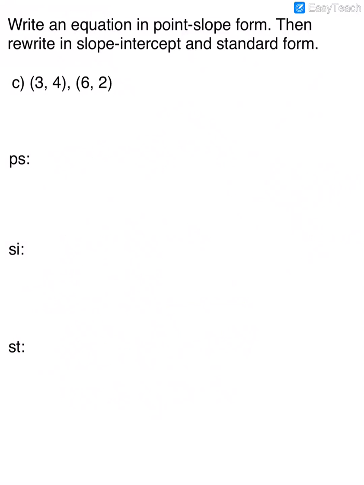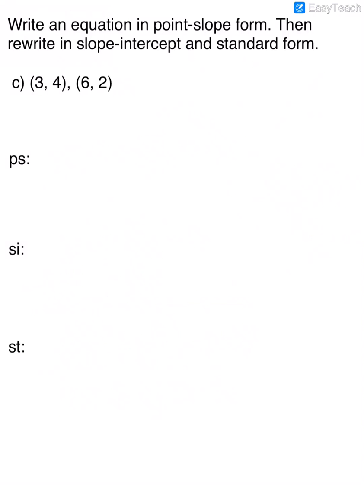All right, here we're given 2 points. Well, I have point-slope form, slope-intercept form, and standard form. I don't have point-point form. So what we're going to have to do, since the two types of equations that we can plug things into, point-slope or slope-intercept, they both require a slope.